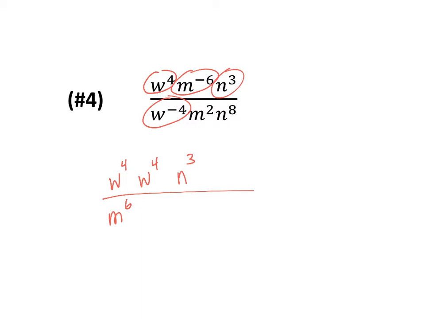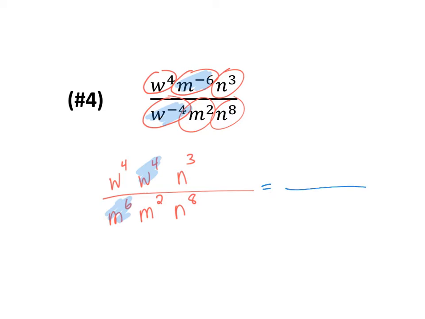The negative exponent will become positive when you move it to the top. m to the positive second would stay on the bottom, and n to the eighth would stay on the bottom. Okay, so anything that's negative got moved and became positive. I highlighted the ones that moved. Everything else stayed where it was.